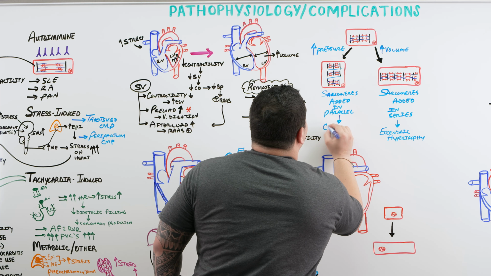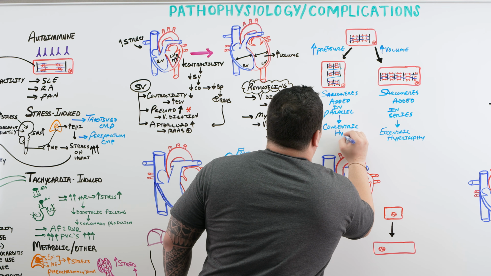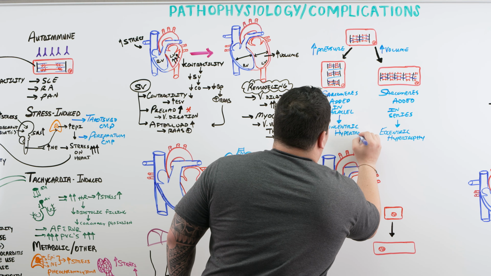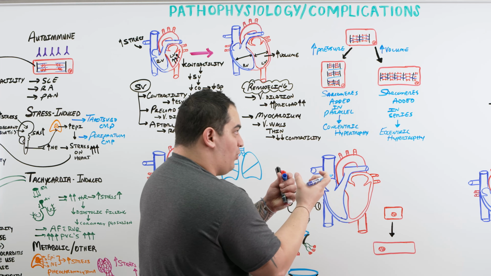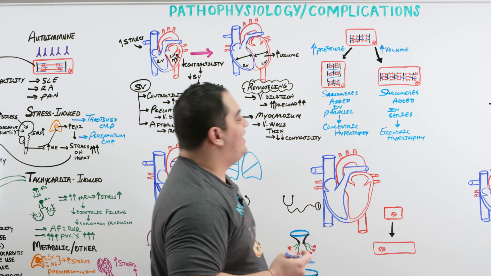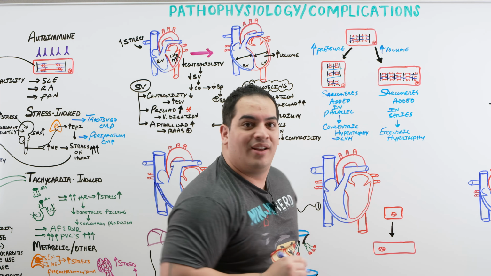This is called concentric hypertrophy. It causes the ventricles to get thicker, where the myocardial thickness will increase.